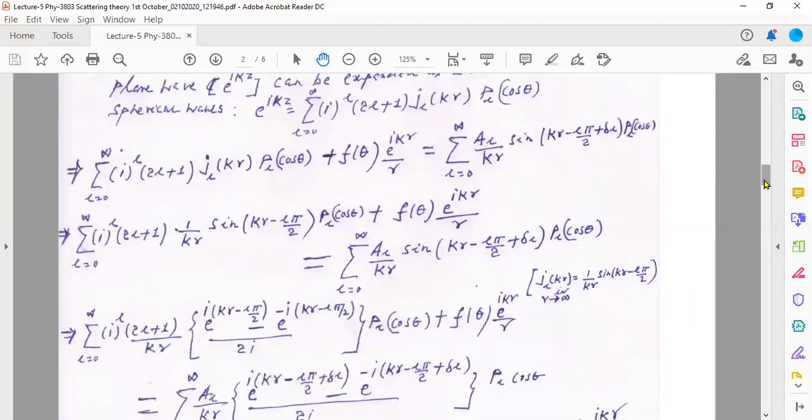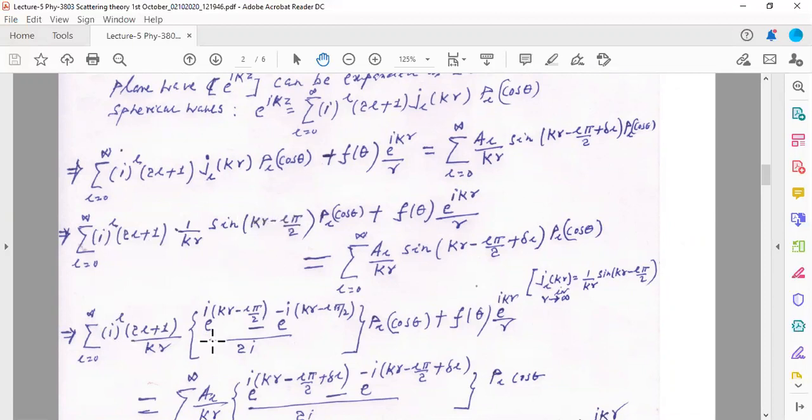So look at this: this is i to the power of l, (2l plus 1), and 1 upon kr as it is, and this is sine theta. So sine theta is e to the power of i theta minus e to the power of minus i theta divided by 2i, where theta is nothing but kr minus l pi by 2.